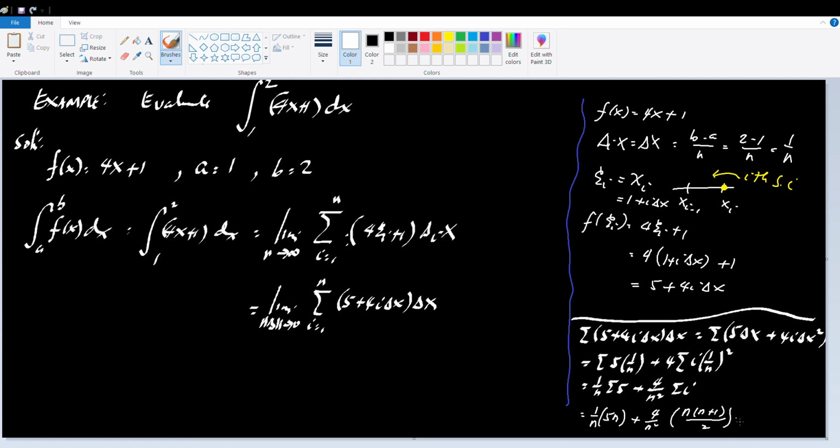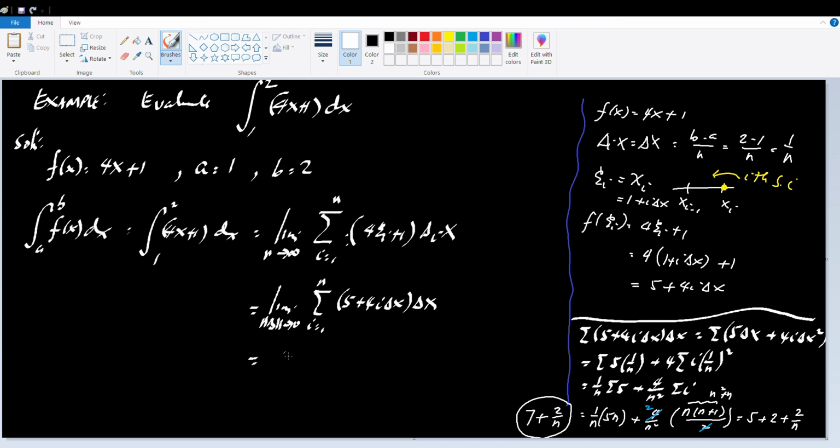So 1 over n times 5n, that will be 5, plus 4 divided by 2, that will be 2, times n squared plus n. So 2n squared plus 2n all over n squared. That will be 2 plus 2 over n. Or equivalently, 7 plus 2 over n. So that is the sum.